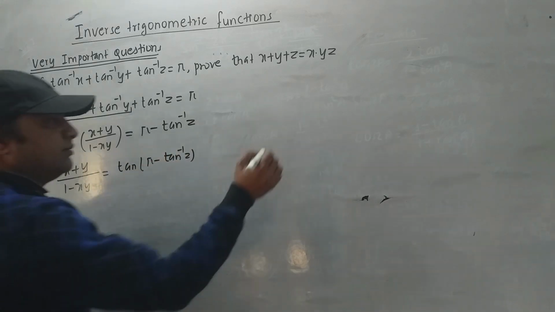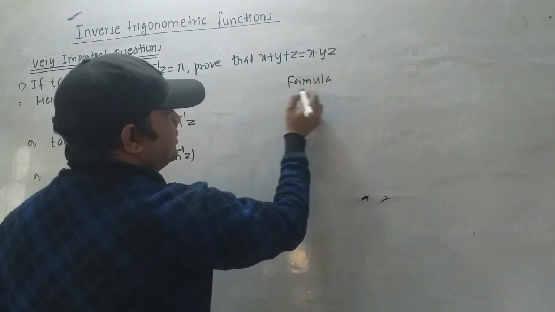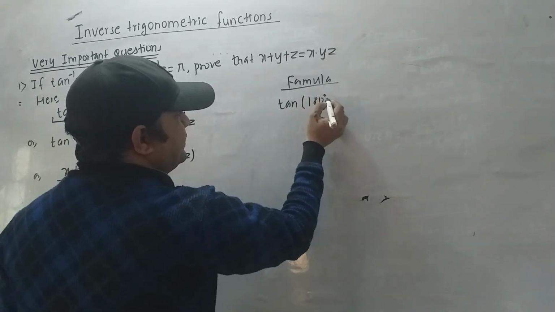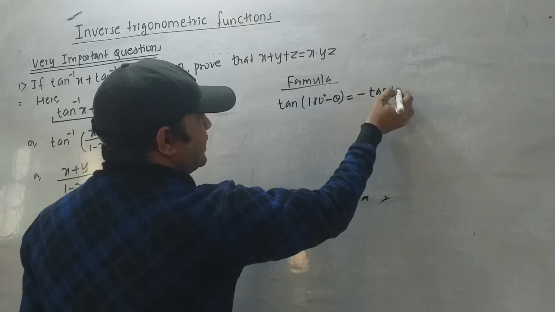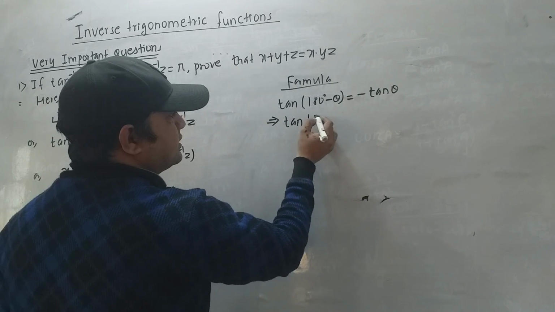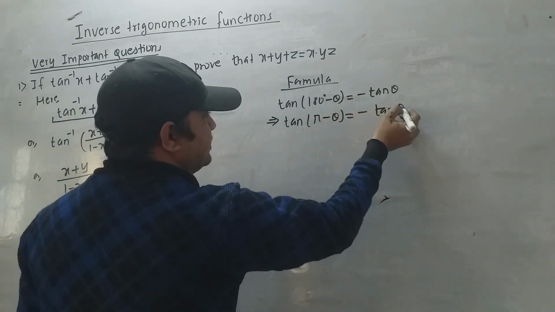But before that, you need to know one formula. Tan of 180 degree minus theta will be minus tan theta. That means tan of 180 degree, or pi, minus theta, you can write as minus tan theta.